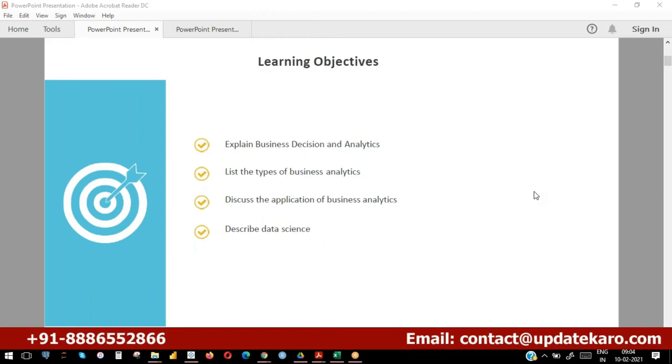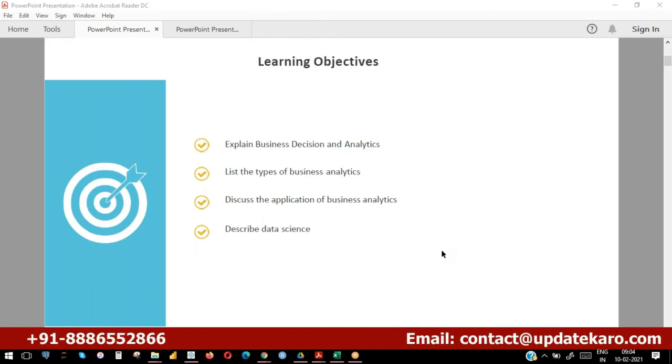So business analytics basically focuses on developing the business, to increase the revenues, to reduce the expenditure, and to increase customer satisfaction. Right? So what are the learning objectives for this introduction class?